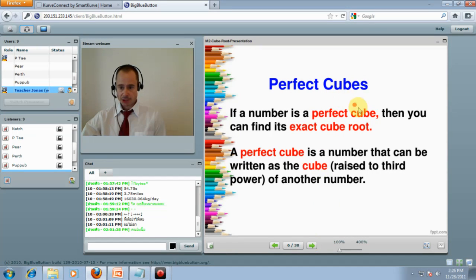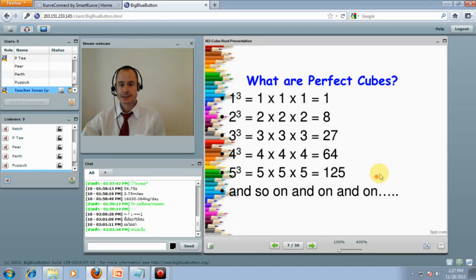So, perfect cubes. If a number is a perfect cube, then you can find its exact cube root. A perfect cube is a number that can be written as another number raised to the third power. So let's see, what are perfect cubes? 1 raised to the power of 3 is 1 times 1 times 1, and that is 1.